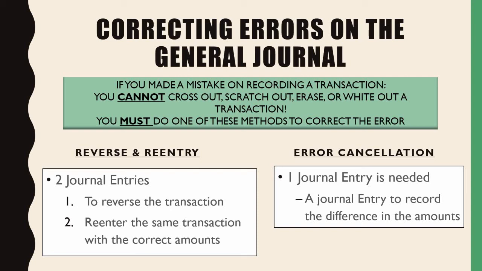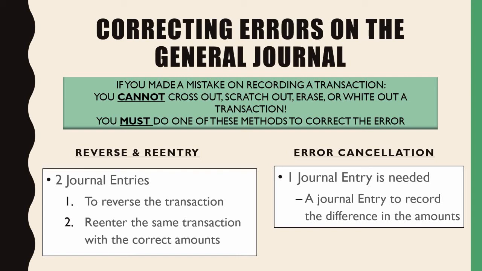Did you mean to say 63 instead of 36? Did you flip a number around? That is where that little mindset is going to come in, and then you're going to correct it by adjusting the entry accordingly. So, we'll go over an example of this exact one in class.